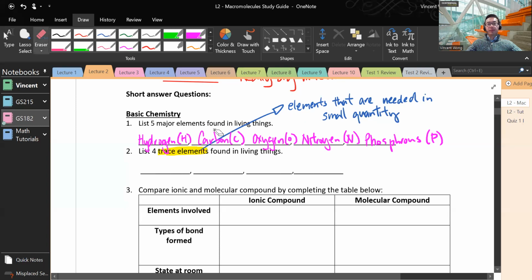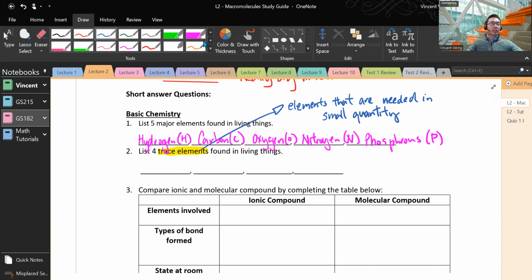Normally if you have too much, or if you don't have enough, it will result in some kind of disease condition. So for trace elements, you just need a very small amount for your body to function normally.